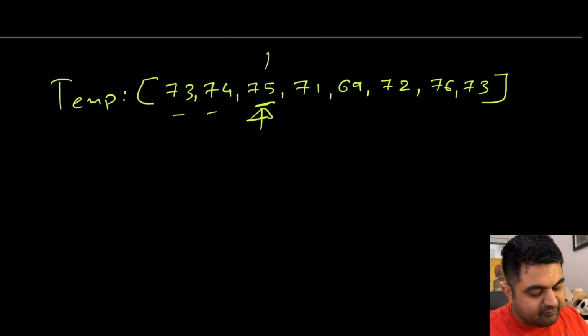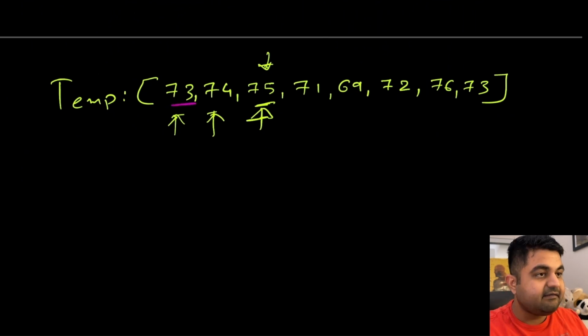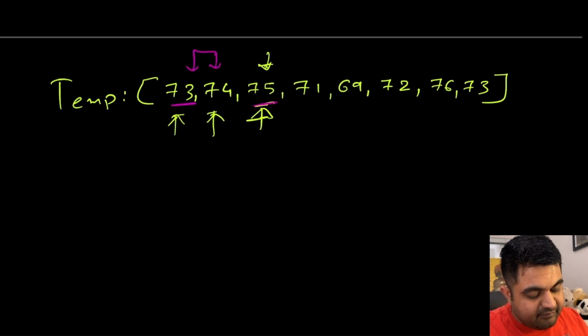So 75 is actually greater than both 74 and 73, but we should not waste our time marking 73 as having a warmer day of 75, because there is 74 that is more closely associated with 73, which means we have to worry about the immediate before elements.